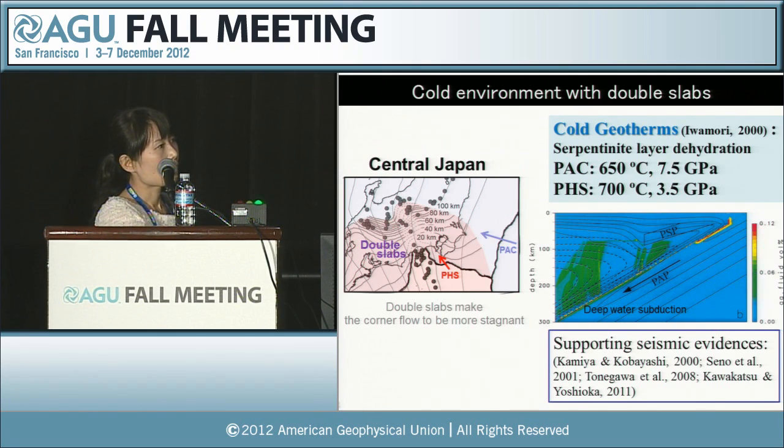Seismic studies also support the existence of a serpentinite layer, which contributes to generating a primary magma by bringing water and elements. This water contributes to generating primary slab-derived fluids.